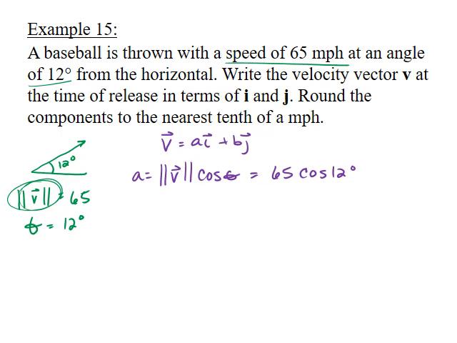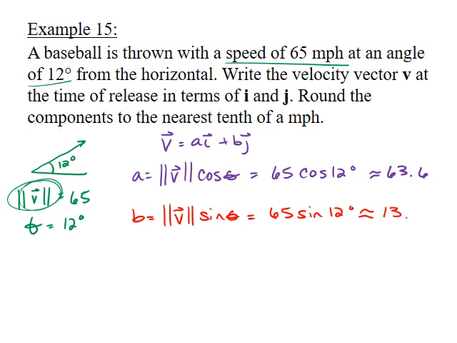Plug this into your calculator and you will find that this is 63.6. Then b is the magnitude of v times sine of theta. So 65 times sine of 12 degrees, plugging that into your calculator, you should get approximately 13.5.